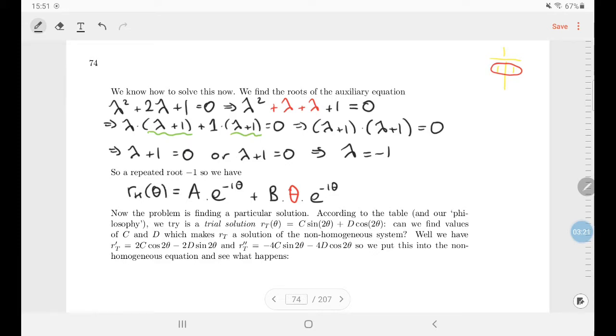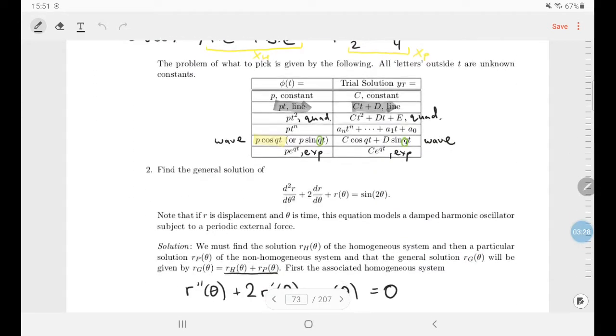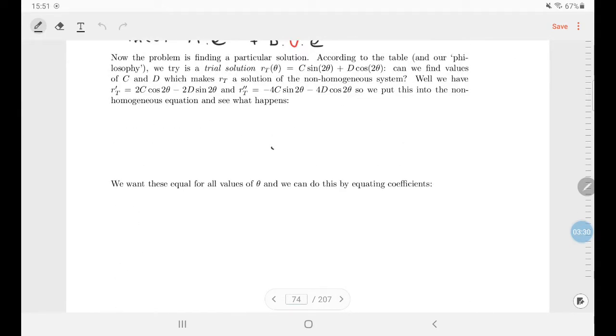Okay, so now the problem is finding a particular solution. So let's go back and write down the differential equation up the top. It's equal to sine 2 theta.